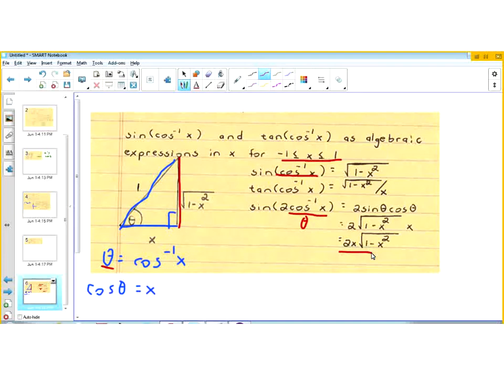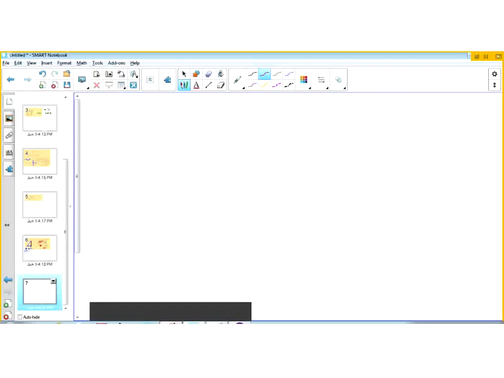All right, so let's talk about the inverse tangent function and the inverse cotangent function. We'll talk about the inverse tangent function first. So let me pull up the graph of the inverse tan function.